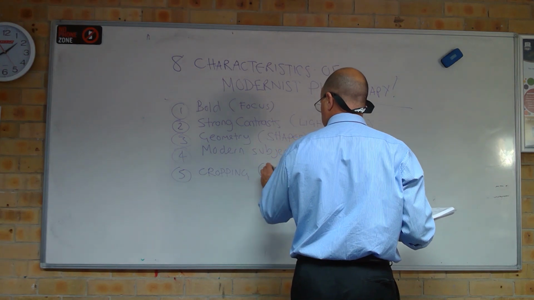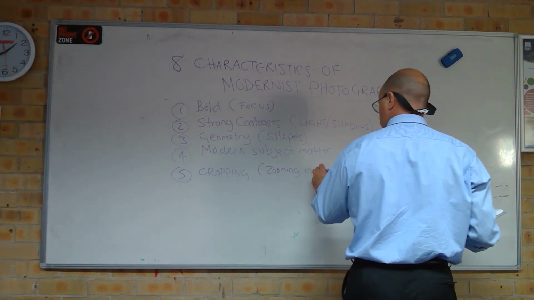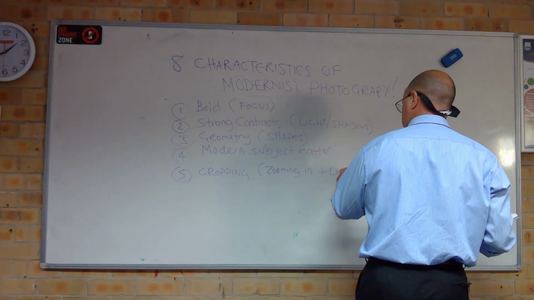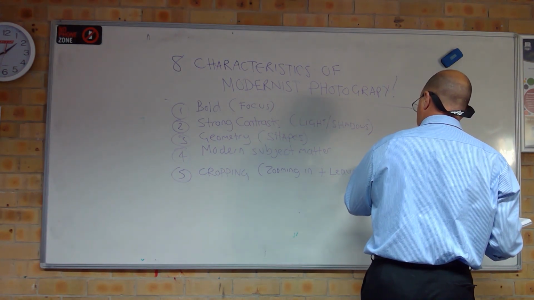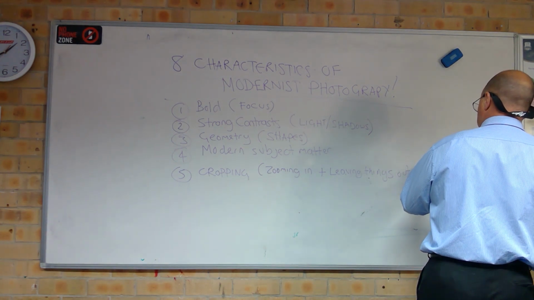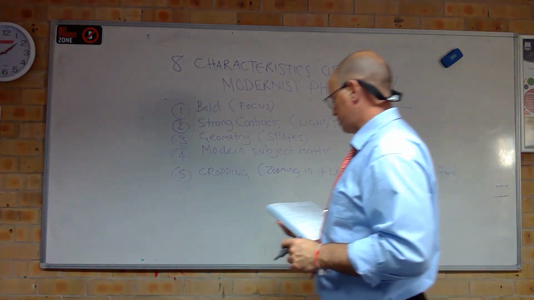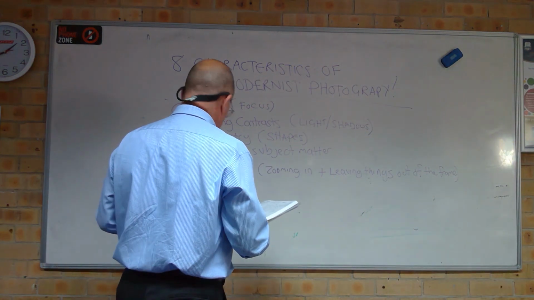So we're talking about zooming in plus leaving things out of the frame, as in the frame of the camera. You can't see things off the edge of the picture.